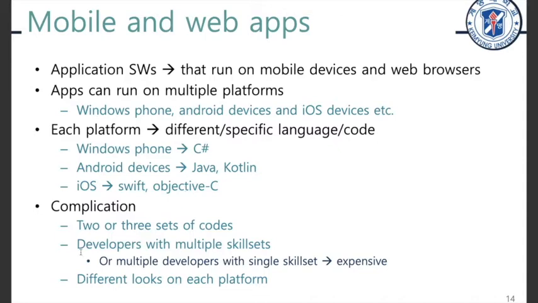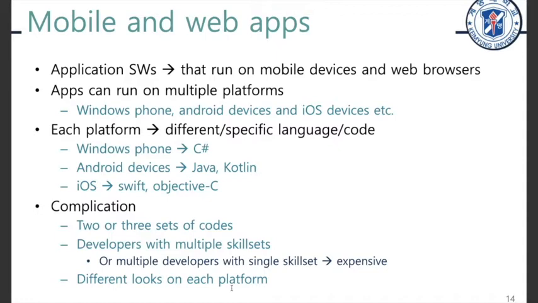That means you either need developers with multiple skill sets, or multiple developers with a single skill set, which is very expensive. And most of the time, the apps that you develop look different on each platform. So this is the problem that we have on current software.